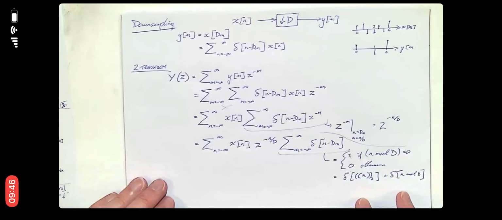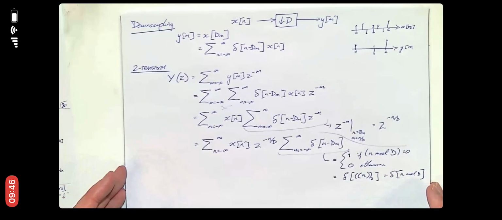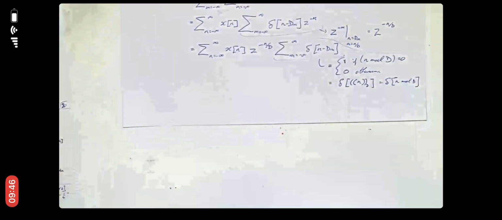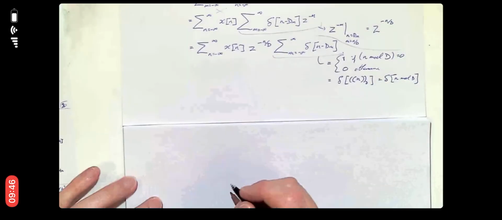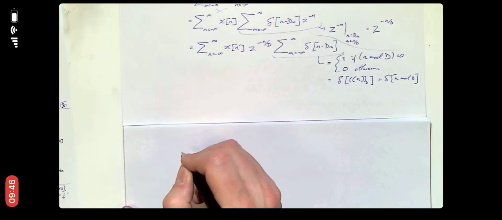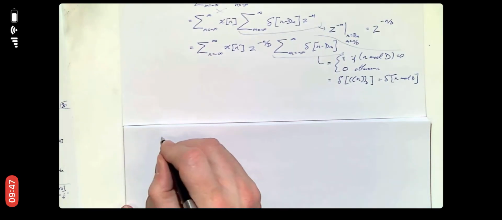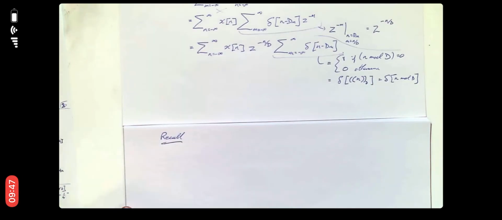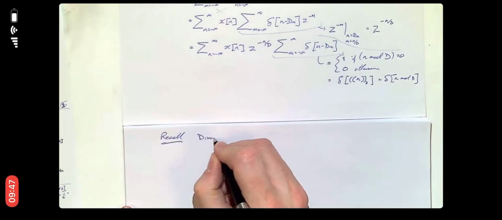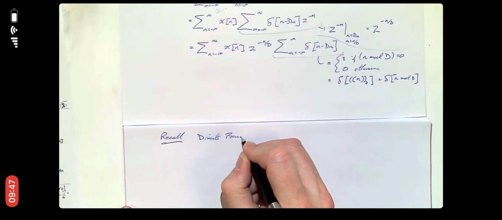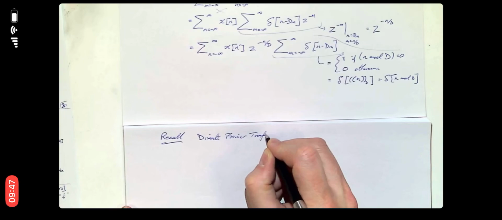But let's have a look at how we could do this using a Fourier transform. Discrete Fourier transforms we can take of these delta functions. But let's go back to first principles. So we want to get this discrete Fourier transform. Let's just recall our discrete Fourier transform to see where this is coming from.